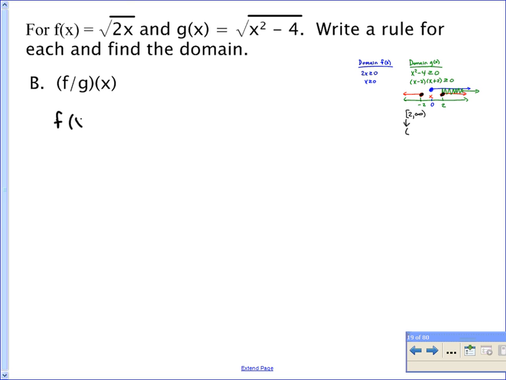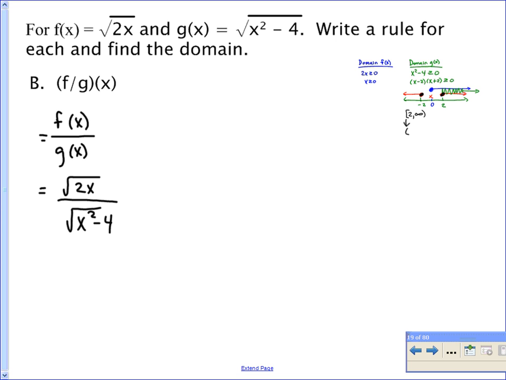So we have f of x over g of x, and our f of x is square root of 2x over square root of x squared minus 4. And what we want to do is to simplify this one.